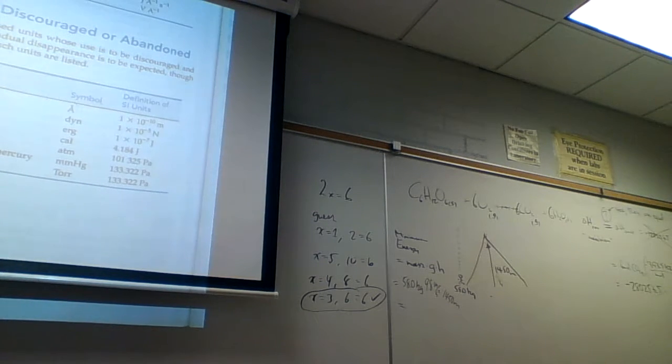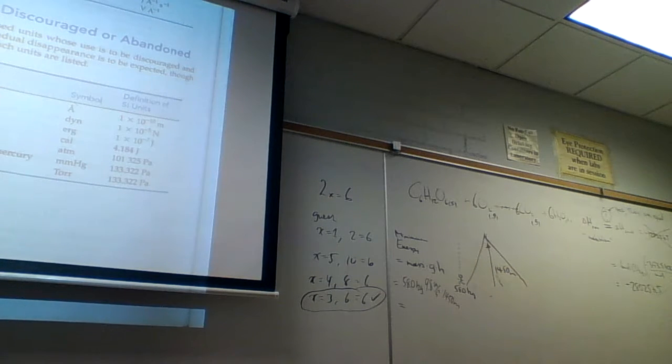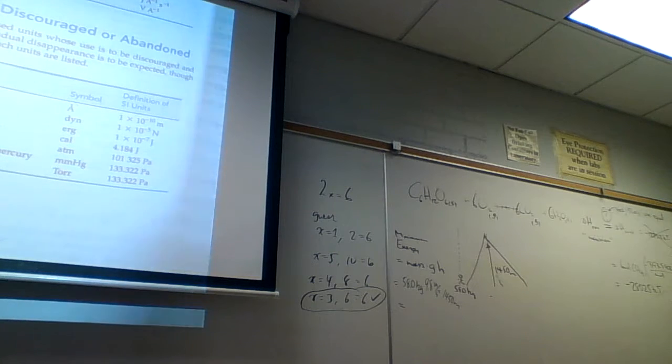You see what else they want to abandon that I like quite a lot? Atmospheres. Units to be discouraged or abandoned. Millimeters of mercury, atmospheres. All that stuff you spend lots of time learning, probably in Chem 4, is to be discouraged or abandoned.